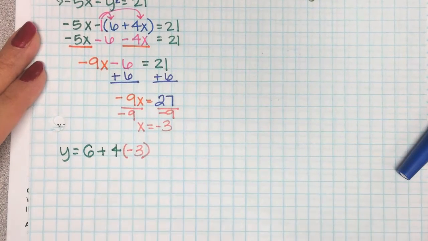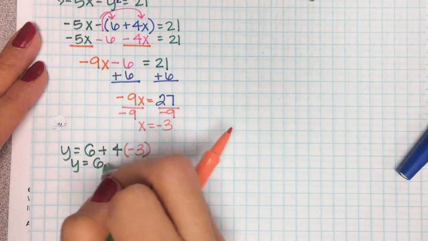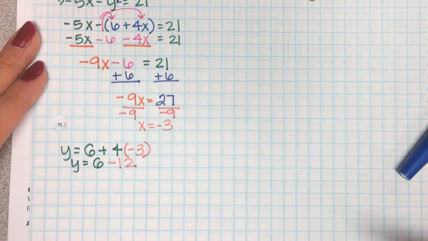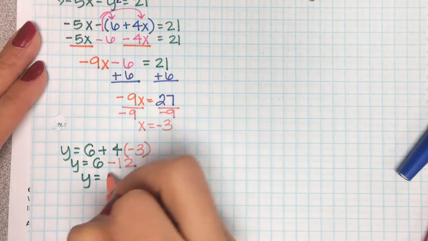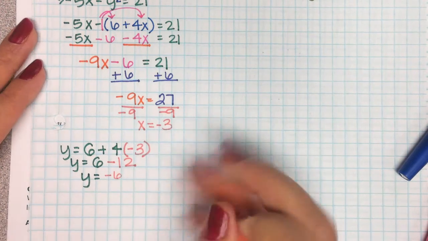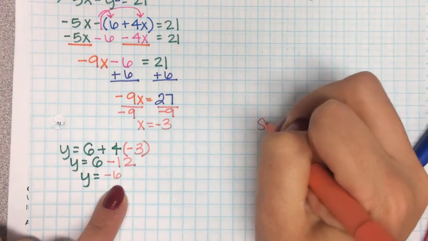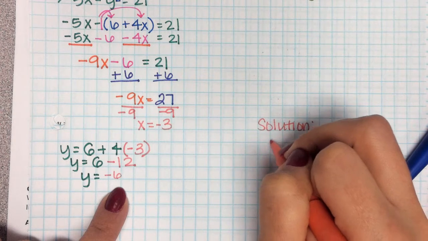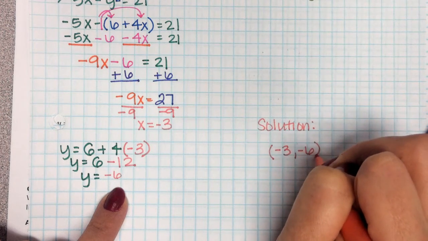And then we solve. y equals 6 minus 12. y equals negative 6. So we have my two answers. So my overall solution is negative 3, negative 6.